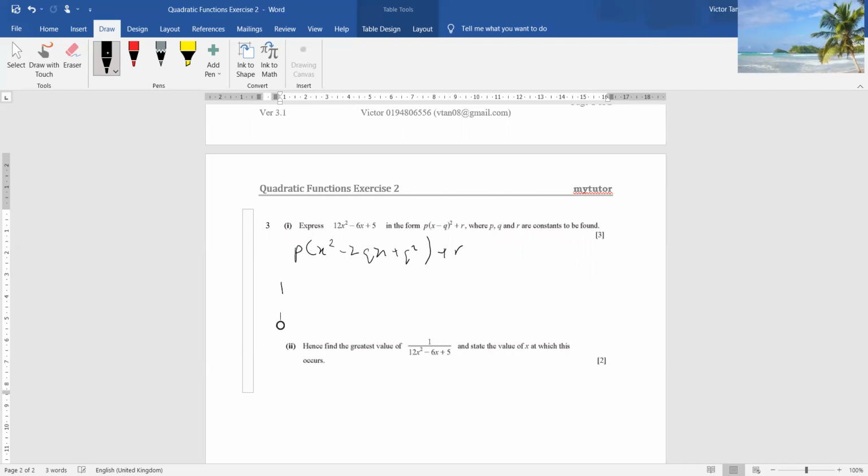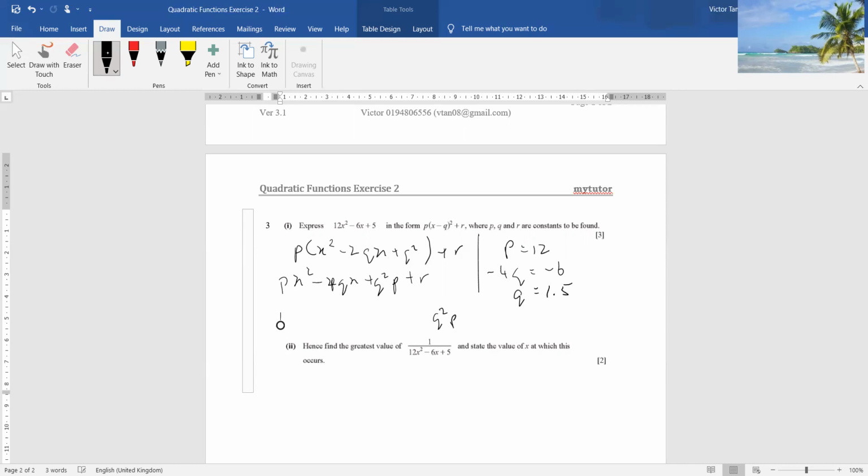So this will be px squared minus 2pqx plus q squared p plus r. So p will be, by comparing x squared, p will be 12. Minus 2pq is minus 6, q is a quarter.